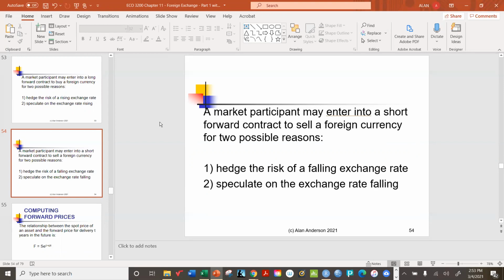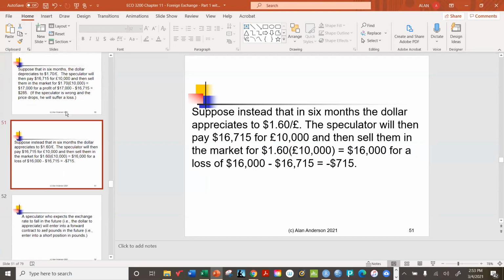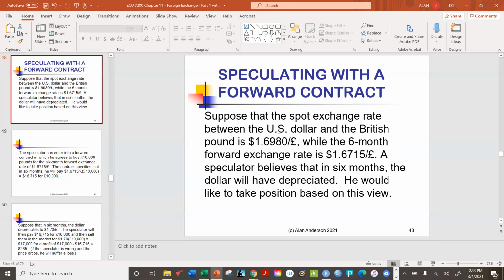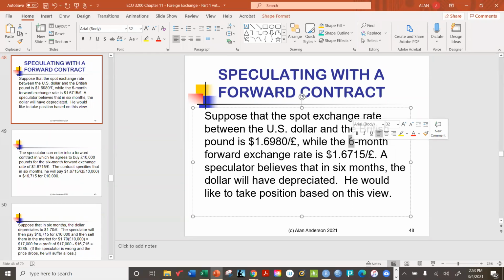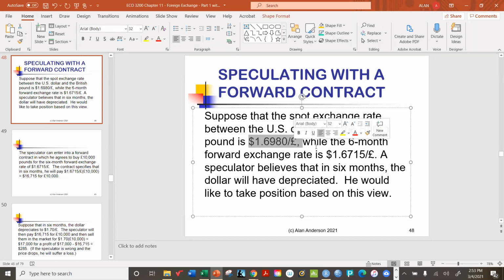Okay, now, here's one thing we want to consider today. This is something new. When we had these examples going on here, we saw that the spot exchange rate was quoted at 1.6980 per pound, and the forward exchange rate in 6 months is quoted as 1.6715. The question is, why are these numbers different?